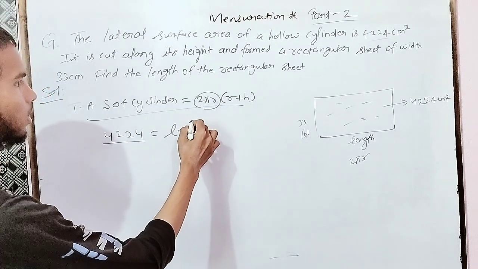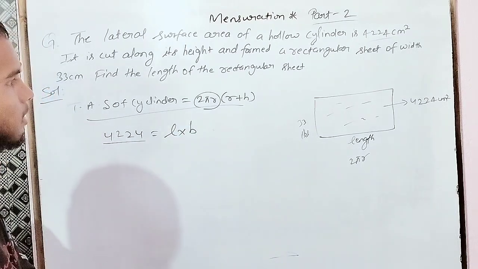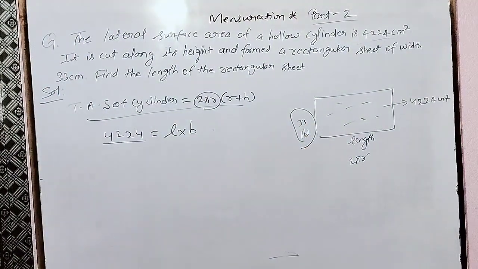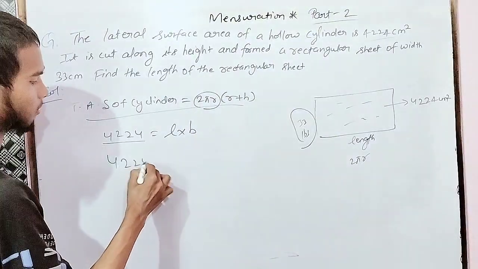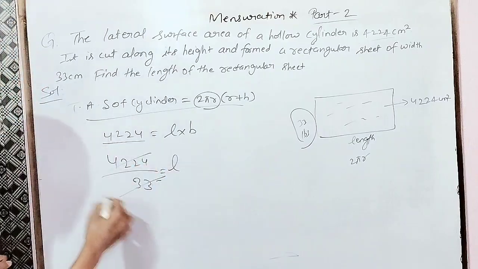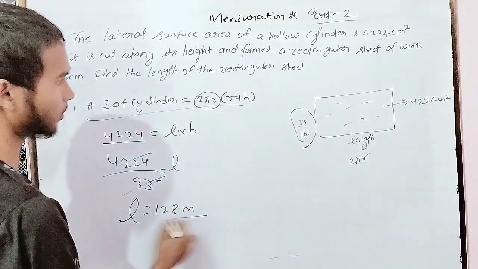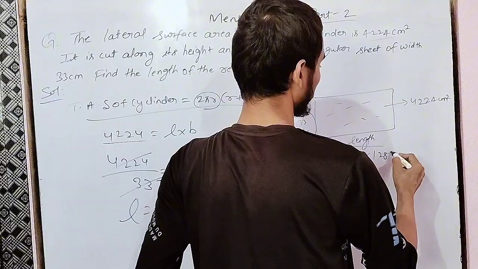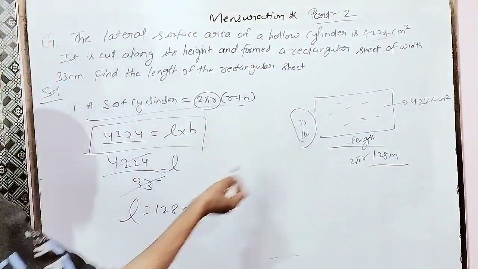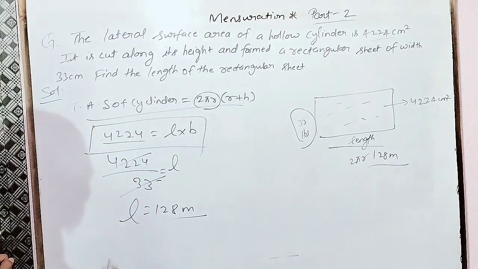Now it is L multiplied by D. We know D is 33. Then we will have 128 meter. We applied this because the question is not talking about the total surface area of a cylinder.